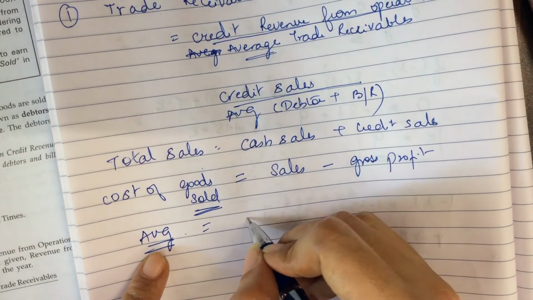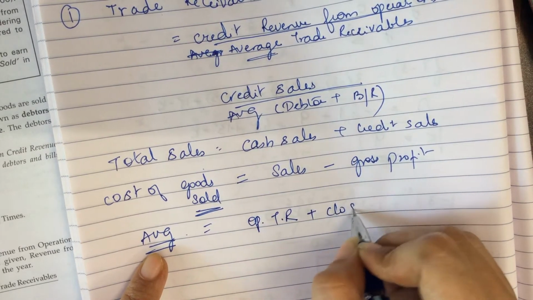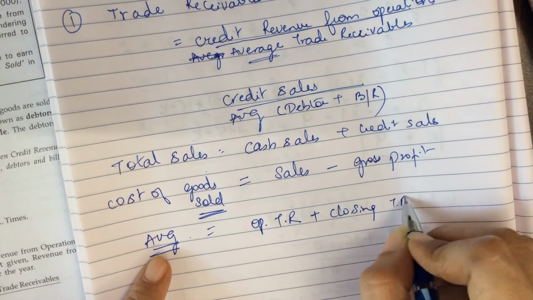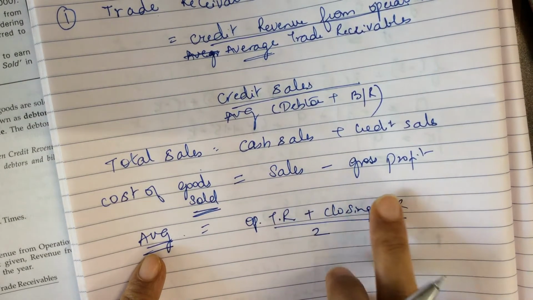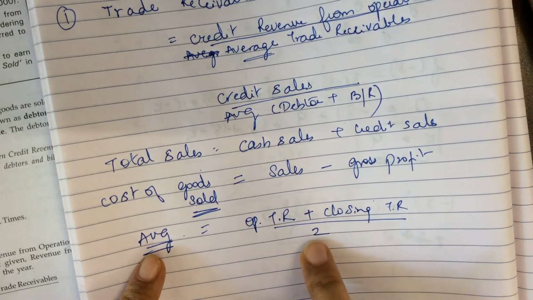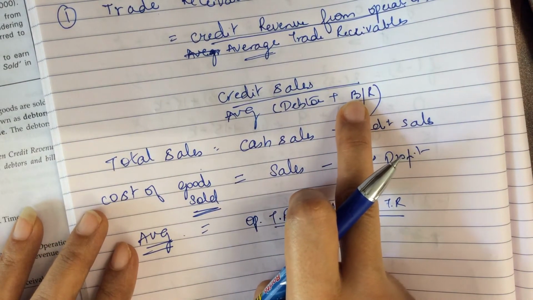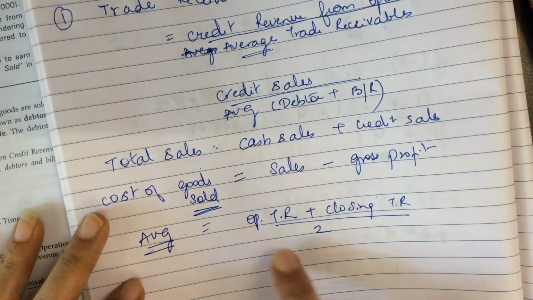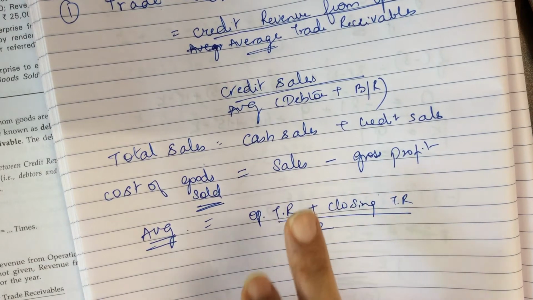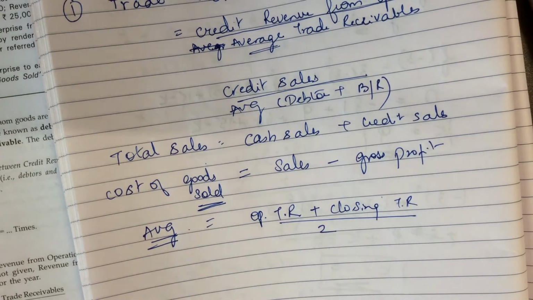Basically average is your opening trade receivables plus closing trade receivables upon 2. You just add the opening balances and the closing balances upon 2. Trade receivables include your debtors and bills receivable. This is how you will find your average trade receivables. Supposing nothing is mentioned and you are just given one value of your debtors and BR, then you will just consider it as an average. You will just add the two.